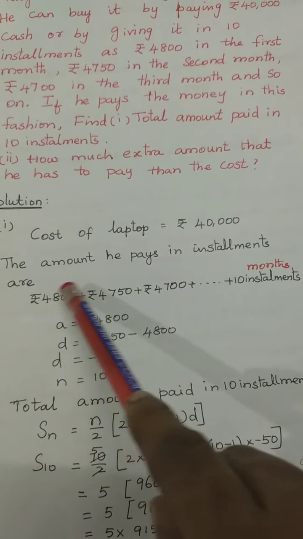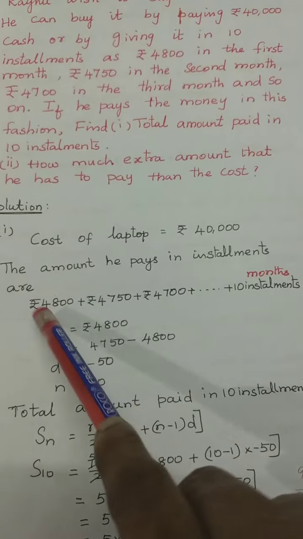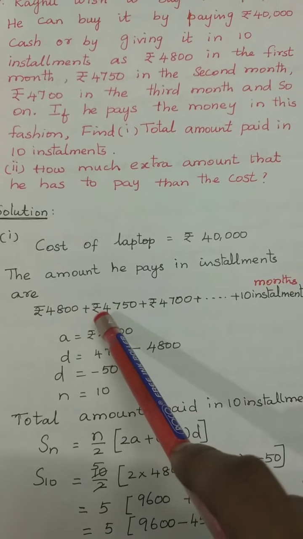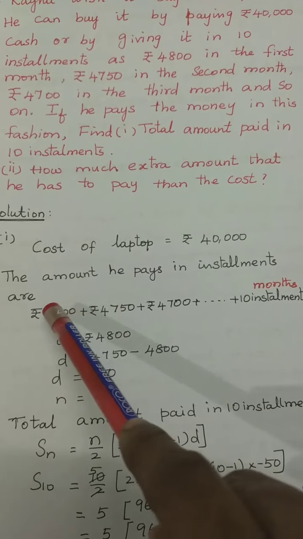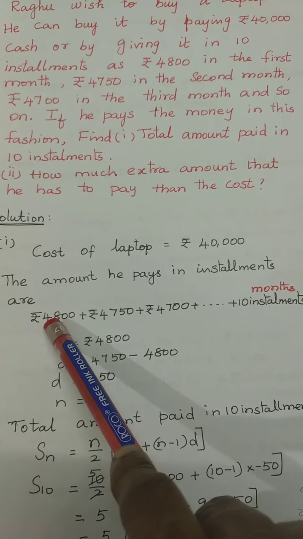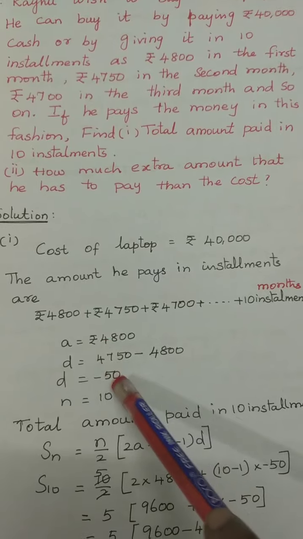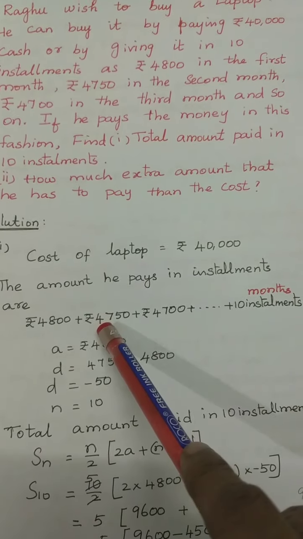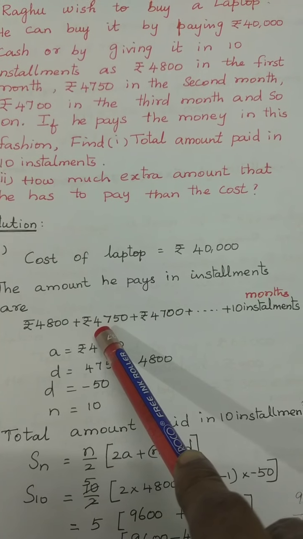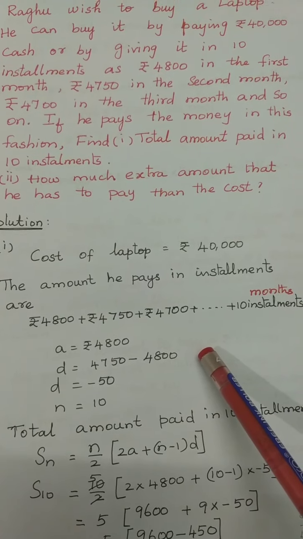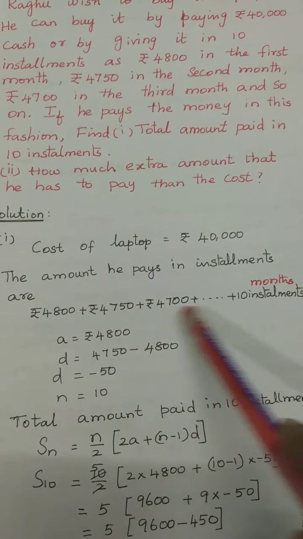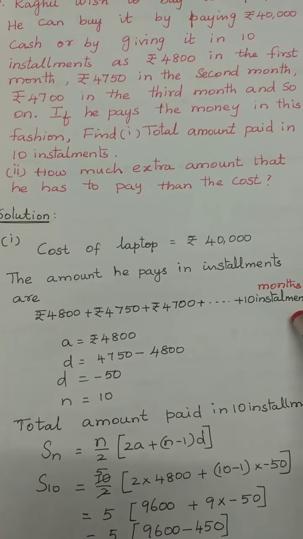Here the common difference is the same: T2 minus T1 is equal to T3 minus T2. 4,750 minus 4,800 is minus 50. Same, 4,700 minus 4,750 is minus 50. So, this forms an AP, arithmetic progression.